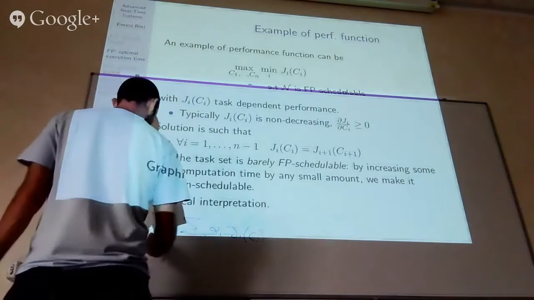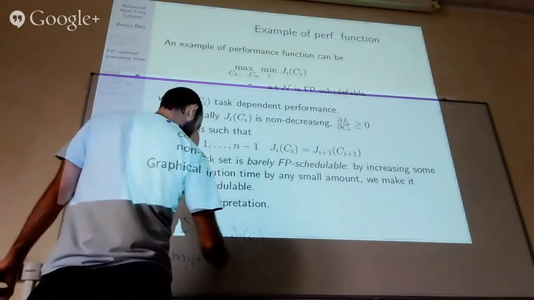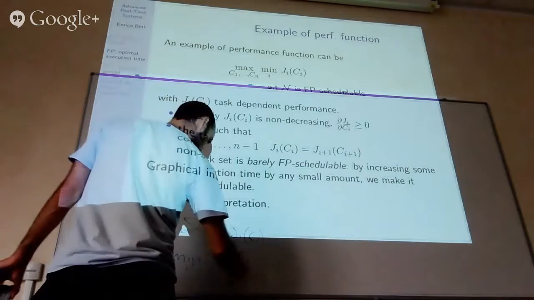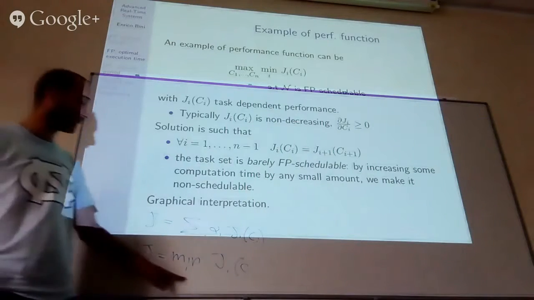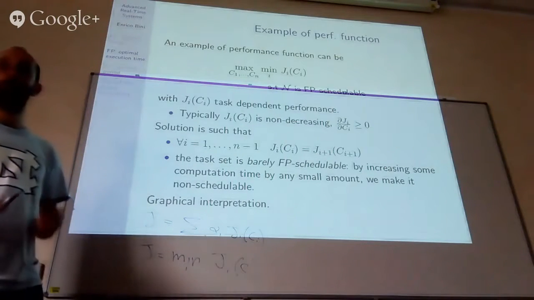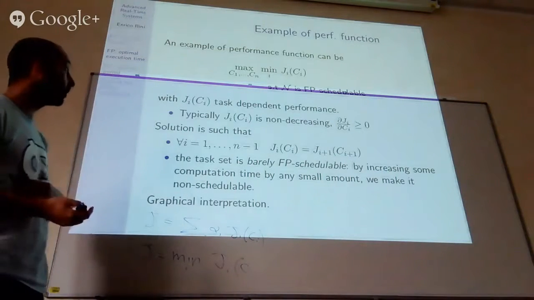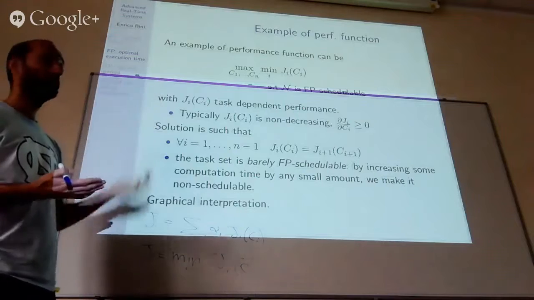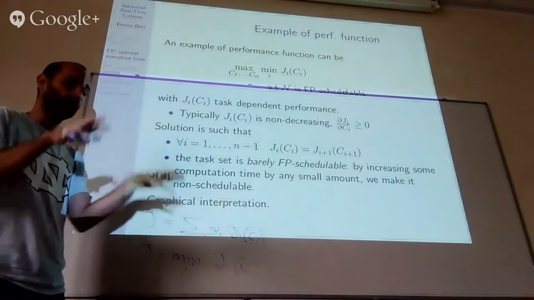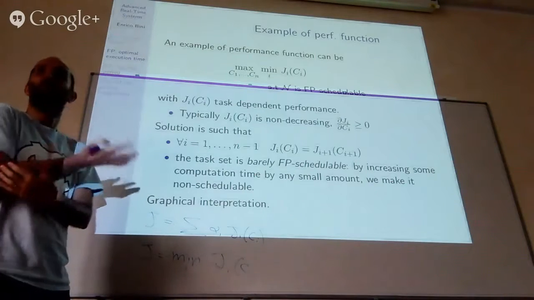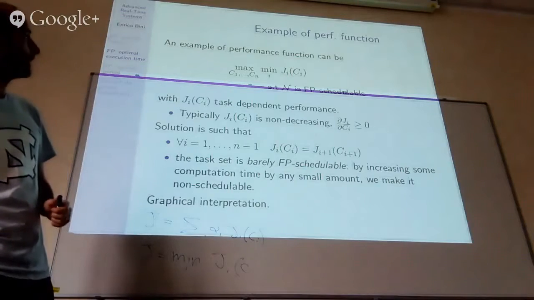Or another way could be that we set the overall performance equal to the worst performance among the tasks. This is a more balanced way. So basically, you want to maximize the lowest performance. You have a set of tasks, and you just want the worst among them to be as good as possible.